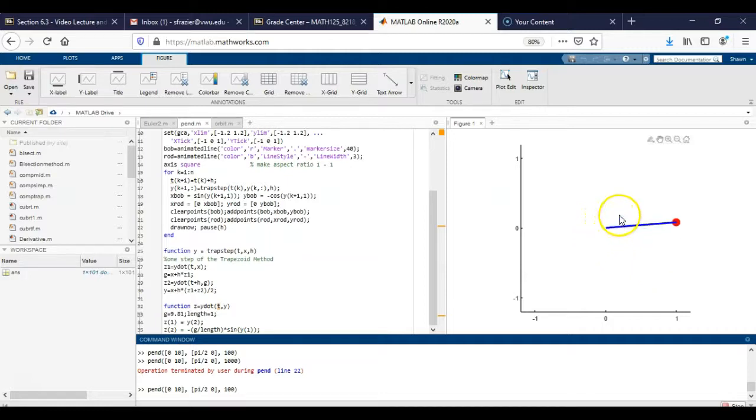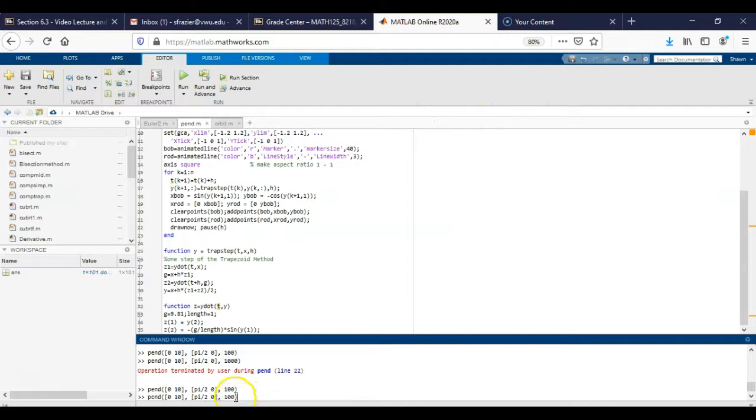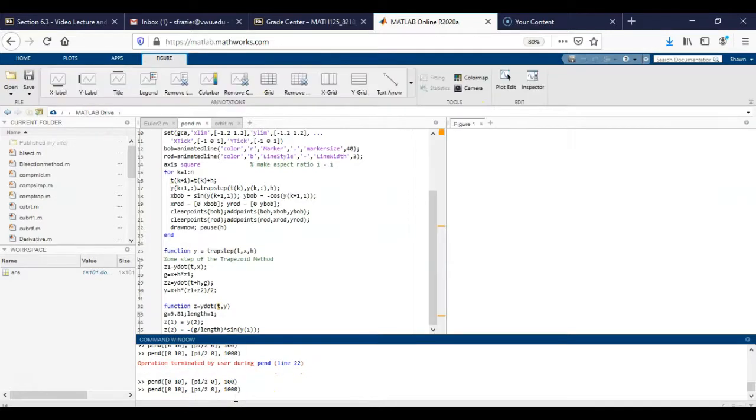Notice the angle goes up slightly from the horizontal position, right? Which is not a great solution for this problem. With it being 1,000, you can see we get a bit of a better solution. Slower, more computation involved.